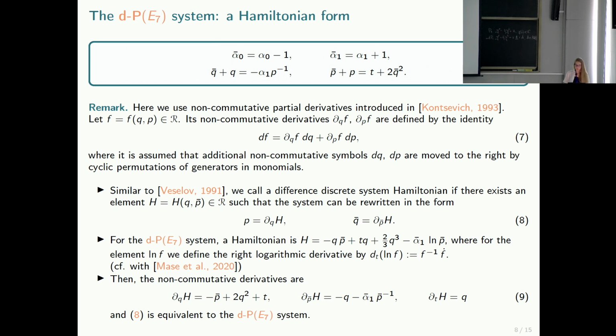For this Hamiltonian, we can compute non-commutative derivatives. They are given by formulas 9, and we can see that system 8 is equivalent to the dP E7 system. So what is the main message of this part of my talk?